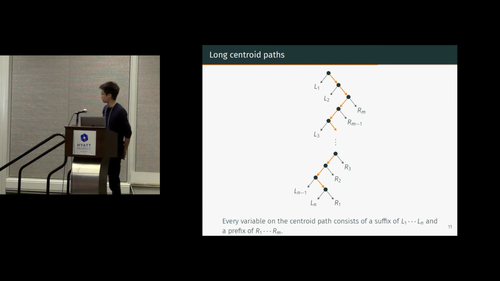So what we do is let's now look at the variables which hang on the left-hand side. Let's call them Li. And the variables that hang from the right-hand side, let's call them Ri. And what we can see is that every variable on the centroid path actually is a concatenation of a suffix of the Li's and a prefix of the Ri's.